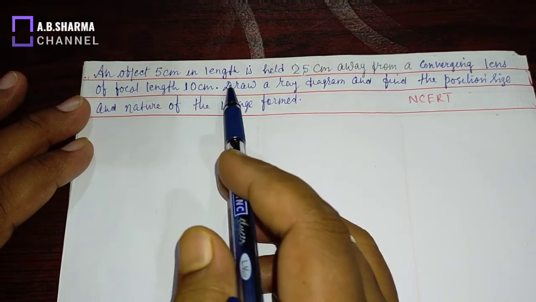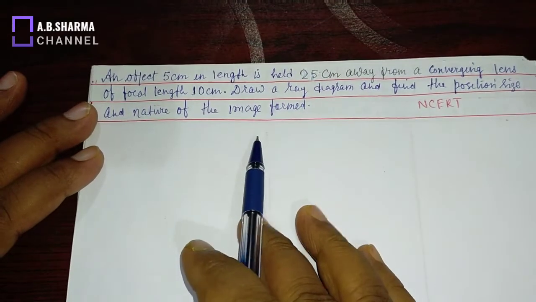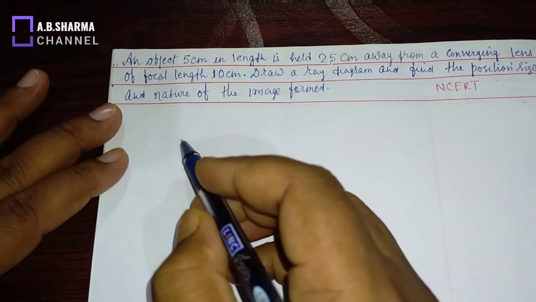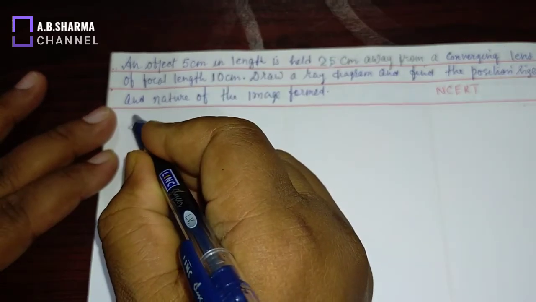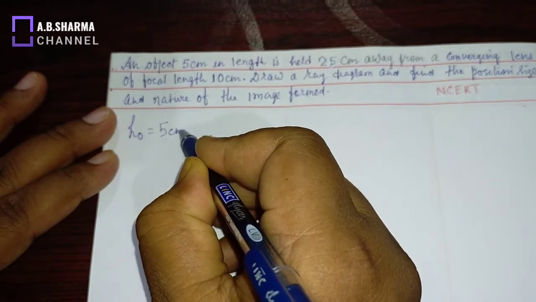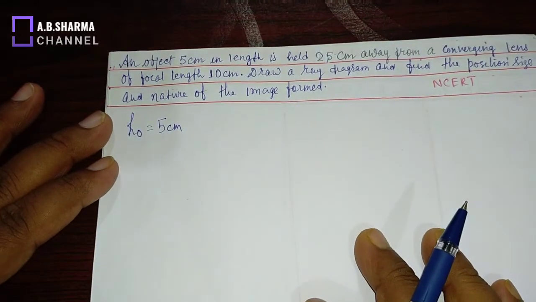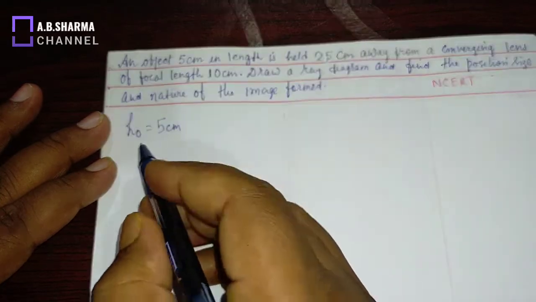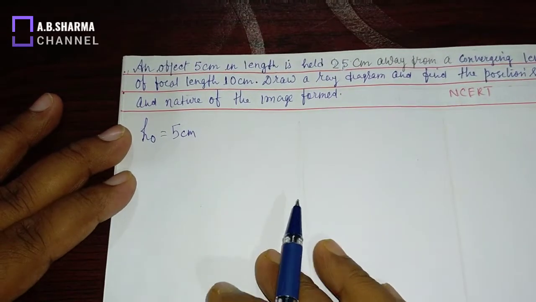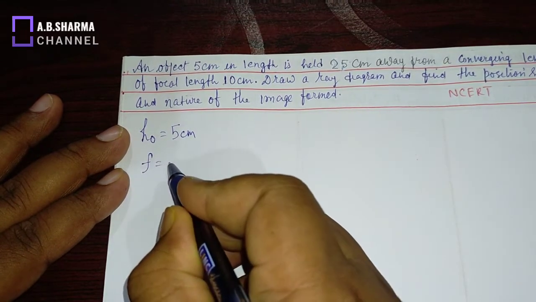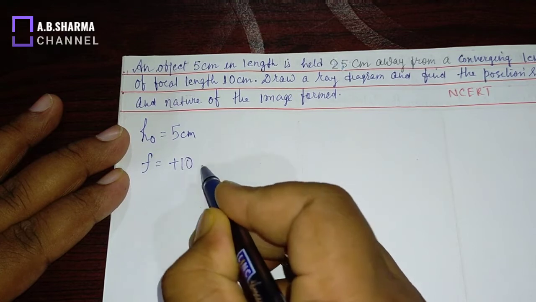An object 5 centimeter in length, that is h_o is given, h_o equal to 5 centimeter, away from a converging lens, focal length. Converging lens means convex lens and focal length will be positive, so f equals to plus 10.